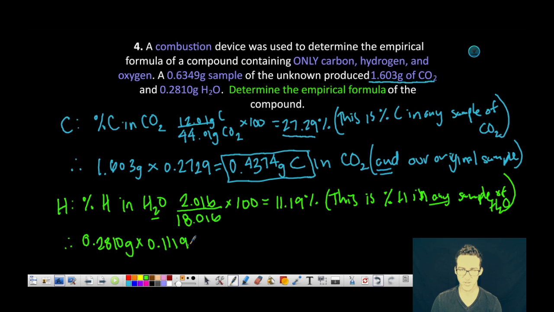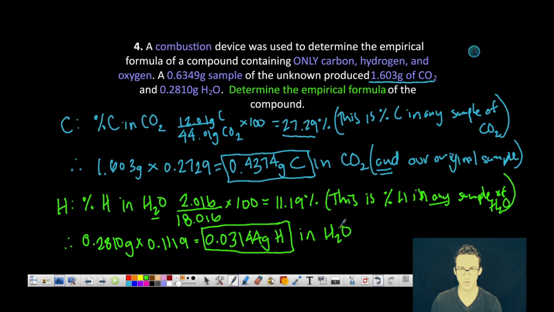Remember, when we're multiplying by those percentages, we move our decimal by 2 place values to give us 0.03144 grams of hydrogen in the H2O that was formed. And that also means that 0.03144 grams of hydrogen came from our original sample.